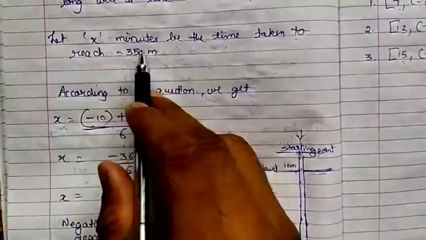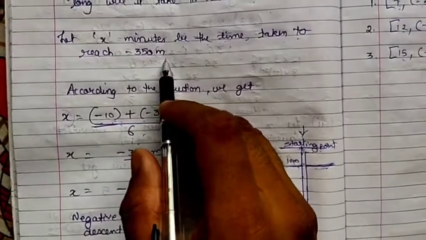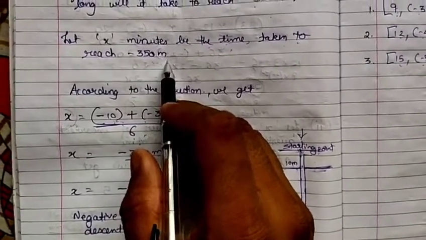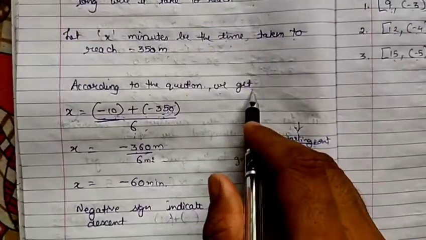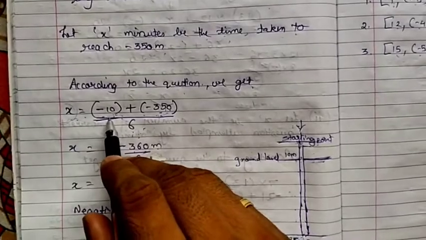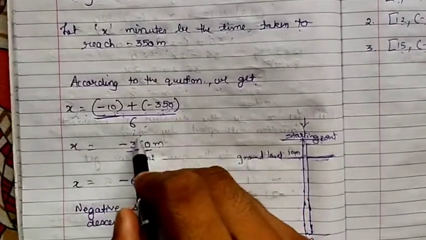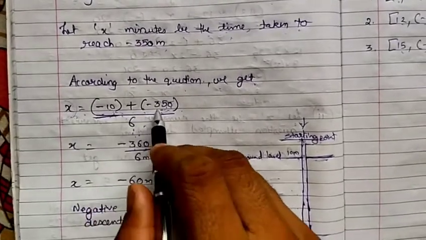So now let us start. Let x minutes be the time taken to reach negative 350 meter. We don't know how much time it is going to take. Now according to the question, whatever the condition given, we need to find this value of x. That is negative 10 plus negative 350, divided by 6. Dear student, why have I taken negative 10? Why have I added this negative 10 to negative 350?